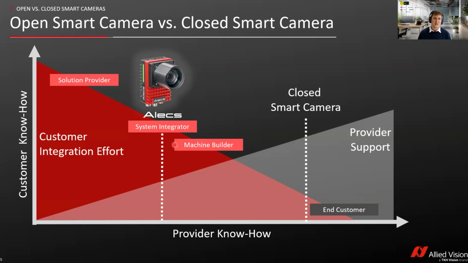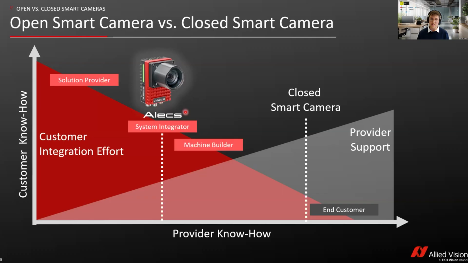For all of these, open smart cameras like the Alvium are the right product because they have the skills to program it, to get access to the different SOMs, create everything and bring it together with the software of their choice.